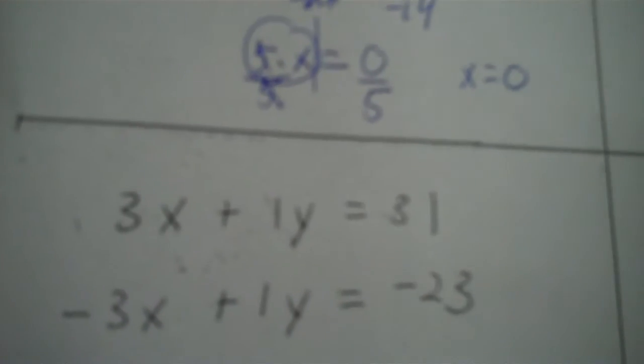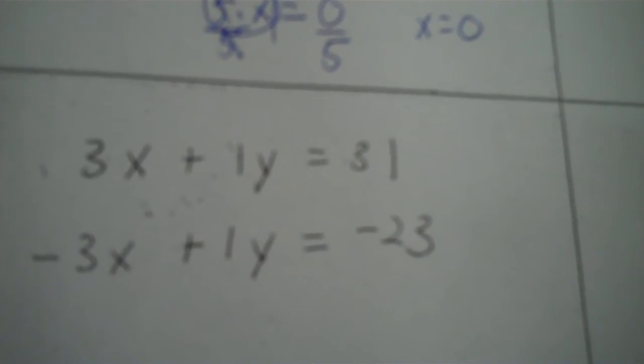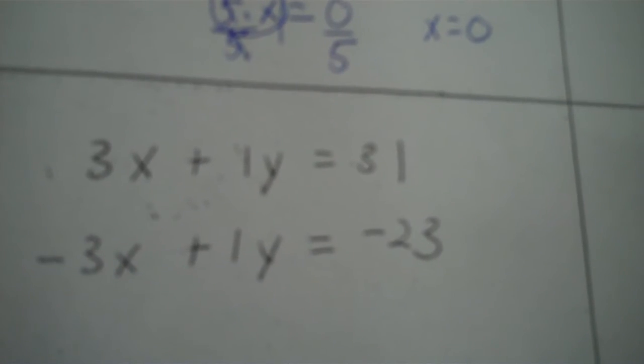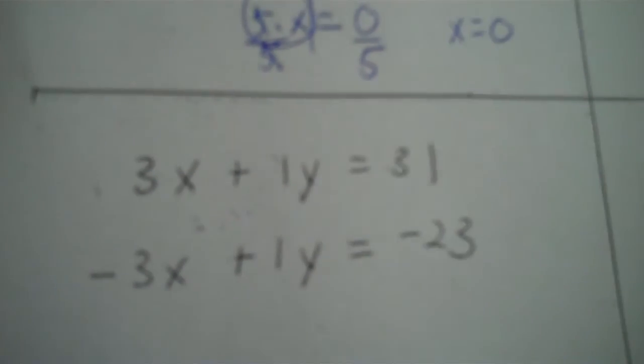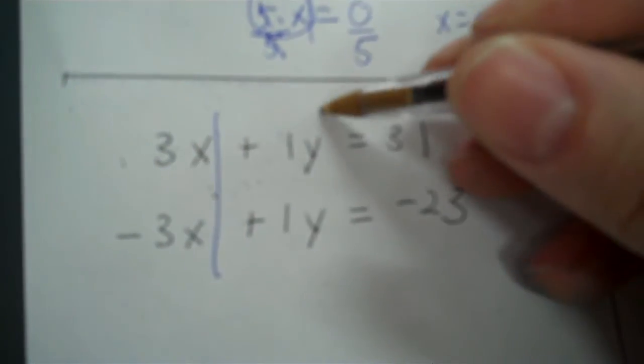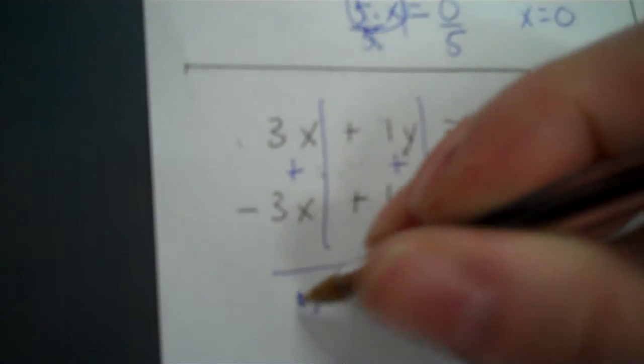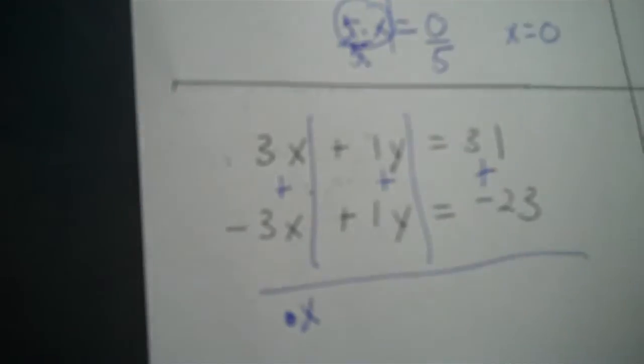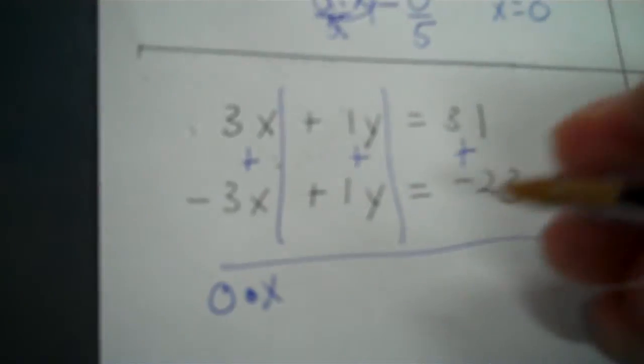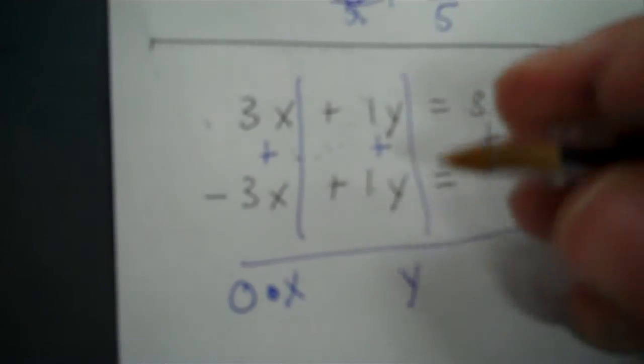3x plus 1y equals 31. Then we have negative 3x plus 1y equals negative 23. x: 3 plus negative 3 is going to be 0. 1 plus 1 is 2.